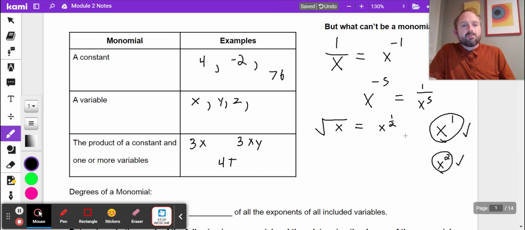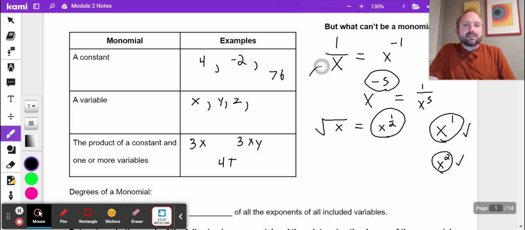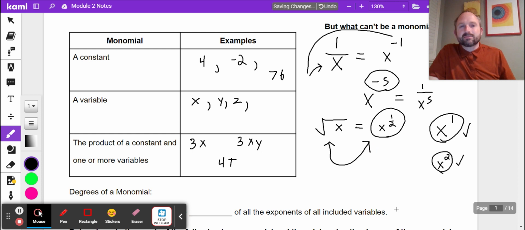That's good. But this isn't good because it has a fraction. This isn't good because it's negative. So if it has a negative or a fractional power, then it's not a monomial. So if we look right here and we see, hey, it's in the denominator, that creates this negative exponent. And if we look right here and he's inside the square root, that means it's a fractional power.